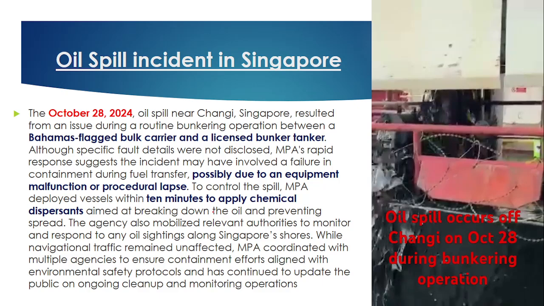The port authority reacted in a very fast and efficient way, and within 10 minutes they deployed the chemical dispersant so that this major spill did not aggravate and reach the shore, and they contained it within the point. After that, it did not affect the Singapore traffic.